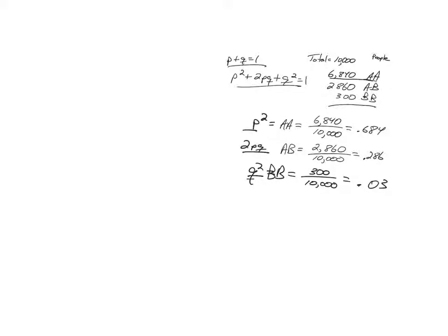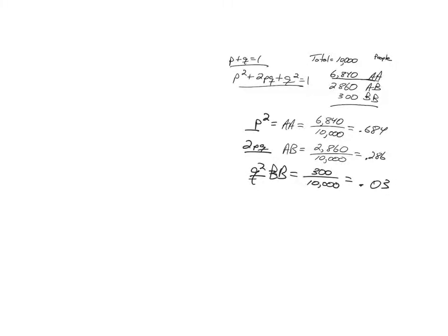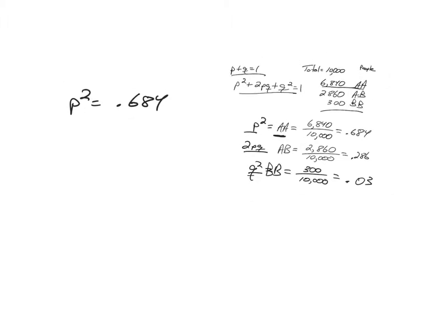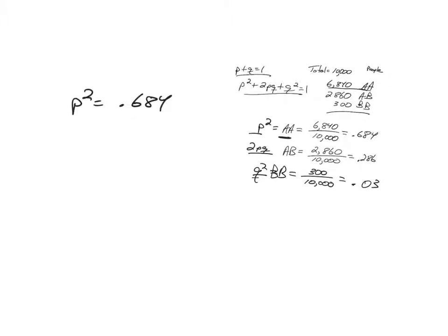What's the square root? If you have the A allele, P squared is equal to what? How do I find it? I do what? Square root. And what do I get?